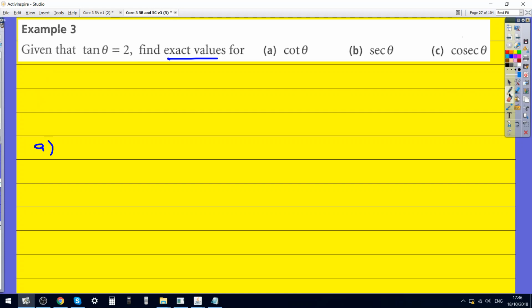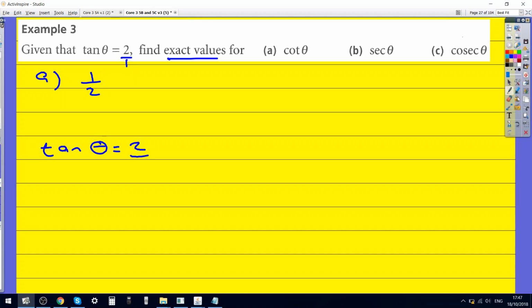How do we do B? I doubt you'll get it. Okay, so sec is 1 over cos theta. Tan theta is 2 over 1. What is tan in terms of SOHCAHTOA?